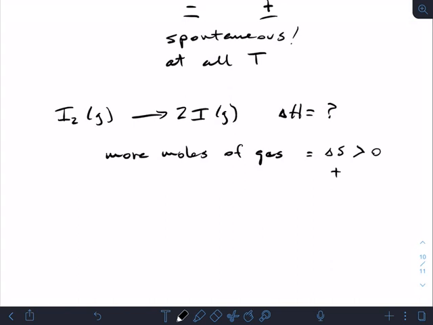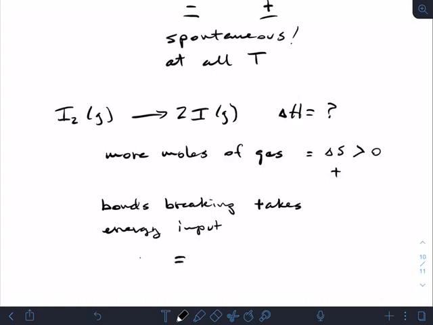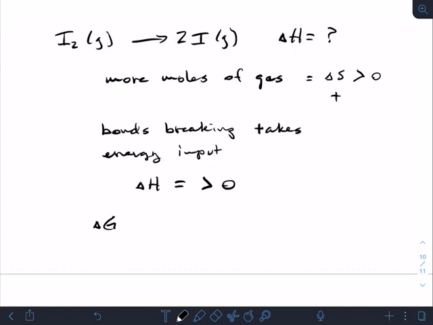We also know that we've got an iodine molecule, a diatomic molecule, breaking apart to become 2 iodine atoms in the gas phase. So, bonds breaking takes energy to input. No new bonds are formed, so that means that delta H is going to be positive. We have to put energy in.